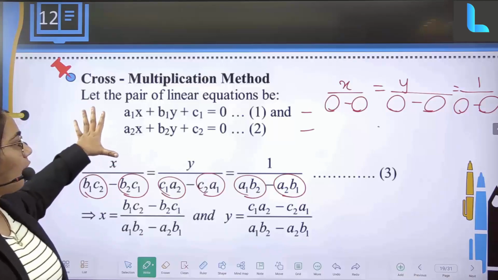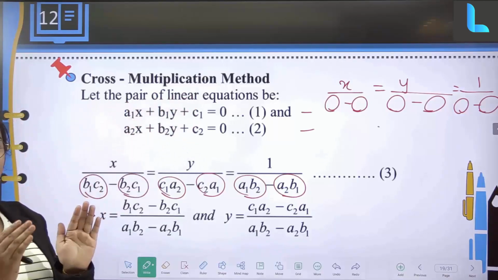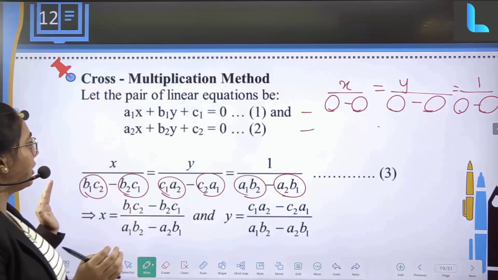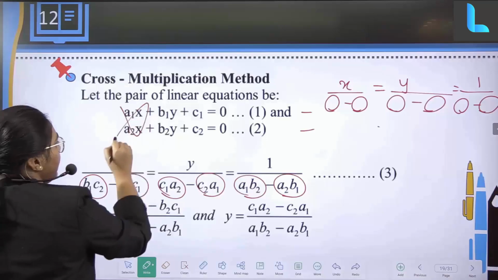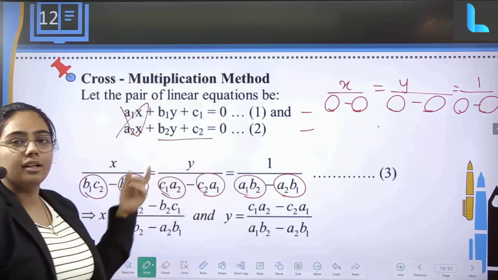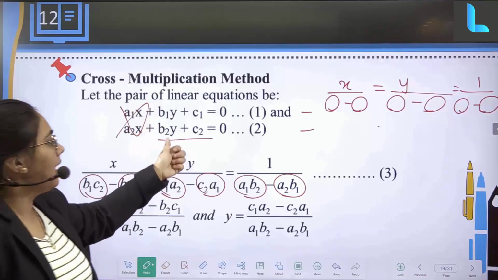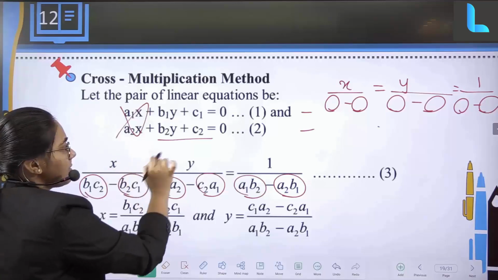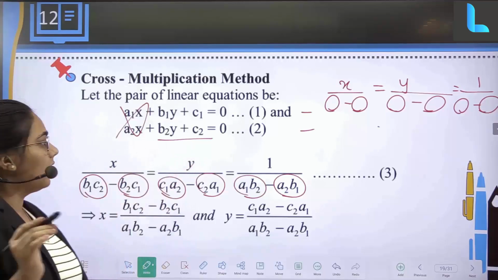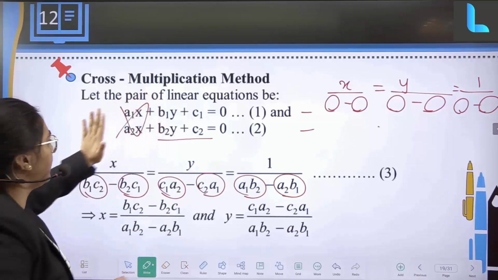Once I have got it in this format, first I will be looking only at my coefficient part. To get x, I have to ignore x and consider y's coefficient, which is b, and the constant, which is c. So to get x, I ignore x and consider these two.